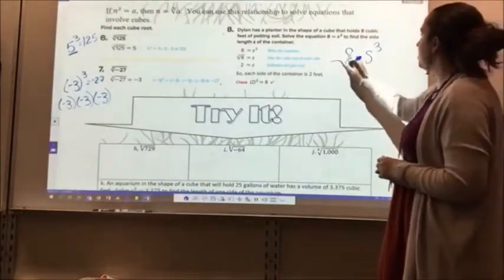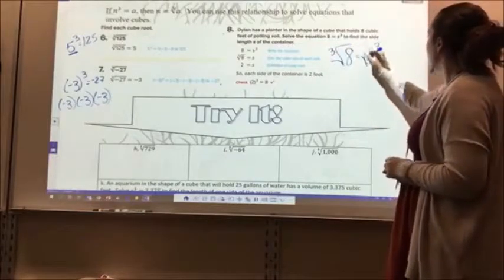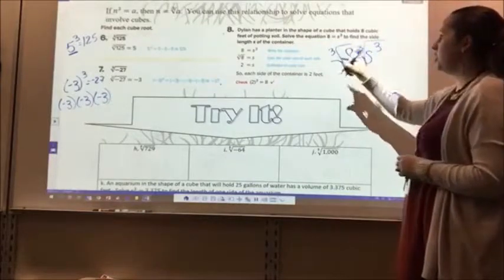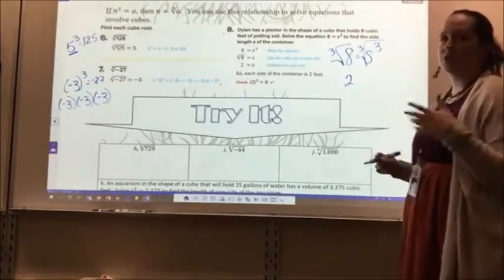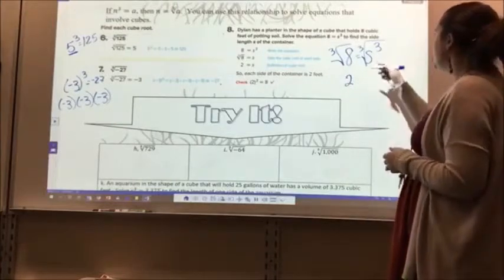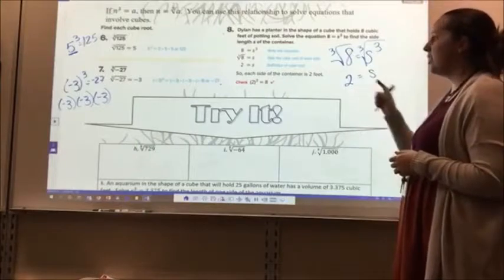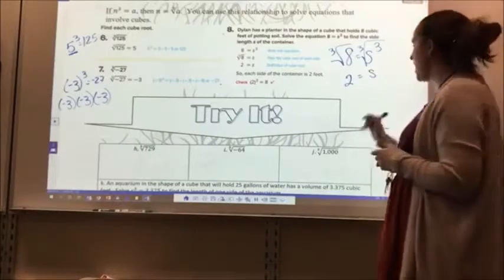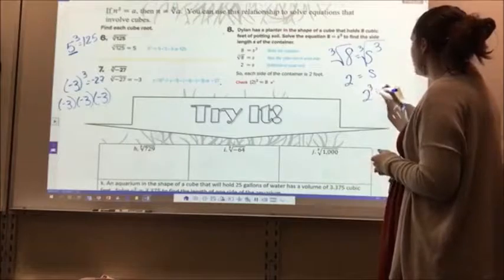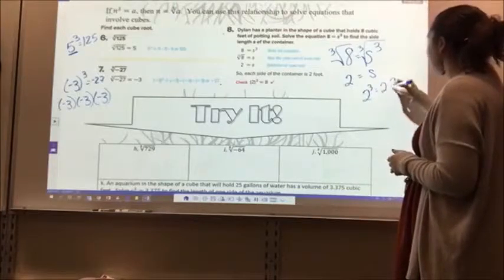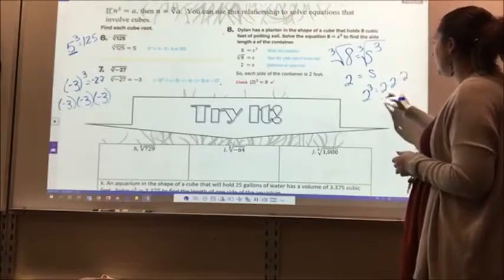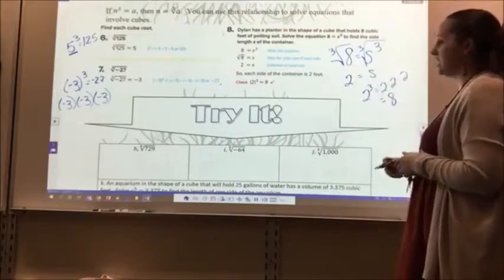Then I want to take the cube root of both sides. The cube root of 8 is 2, because 2 cubed gives me 8, and the cube root of s cubed is s. So each side is 2. I can always go back and double check by saying 2 cubed. Does that actually give me 8? 2 times 2 times 2. It does, which is what I wanted to have in the first place.